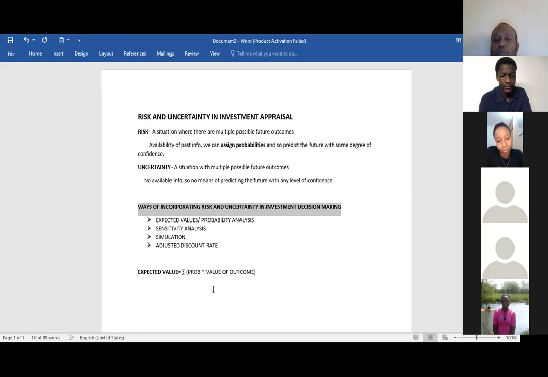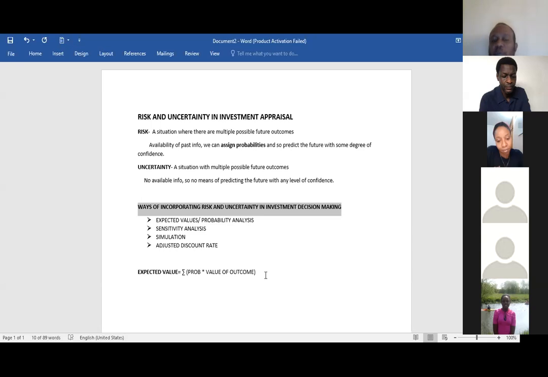Now it's important, if you've seen, I used 30%, 50%, and 20%. One thing that is important for us to remember is that our probabilities will always sum up to 1, will always sum up to 100%. So I'm basically telling you what you're going to see when you're trying to make notes on this. Now the second one, sensitivity analysis.